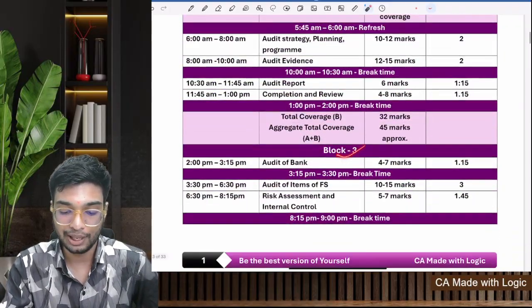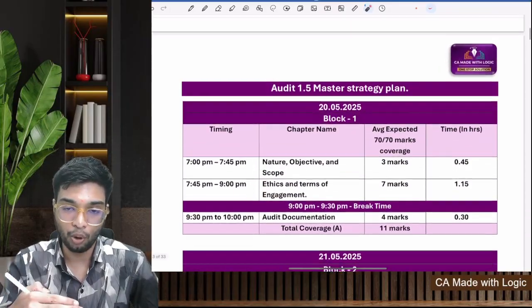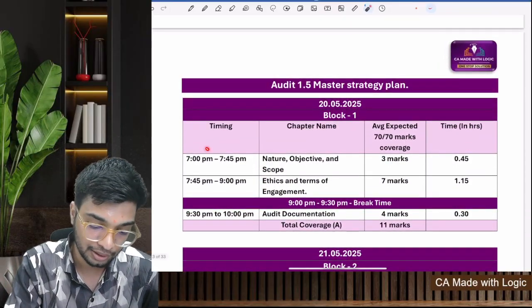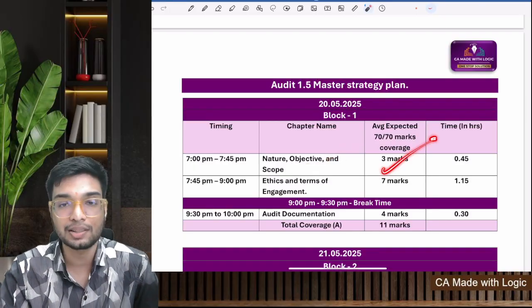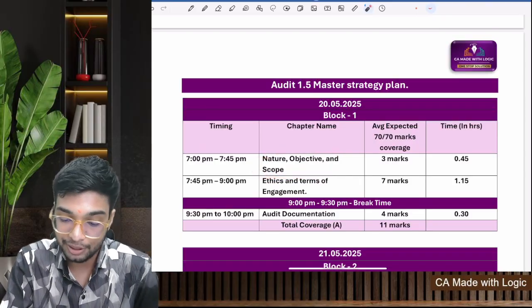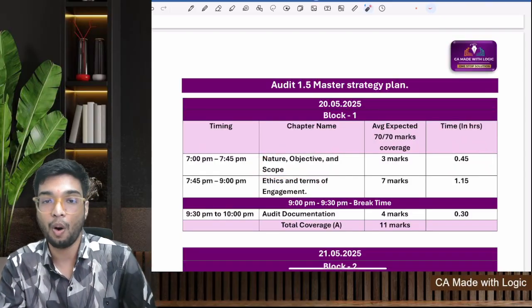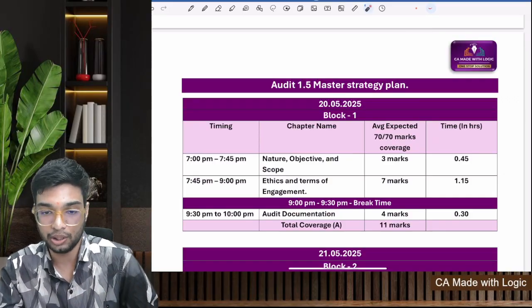You can see the four blocks, how you will be spending each point of time. I have given the timing, the chapter name you need to cover, how many marks it will fetch you, and within how much time you need to cover it. All four things I have given, so that you can plan accordingly.